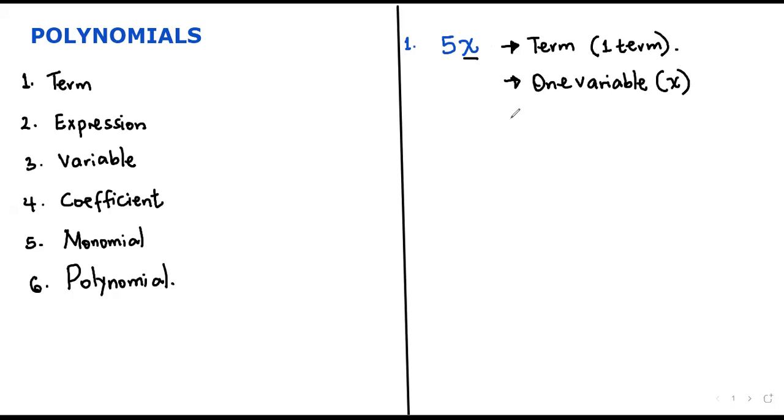Okay. The exponent of this variable, remember what we said, the exponent is the same as power, or the same as index. So the exponent of this variable x is 1.